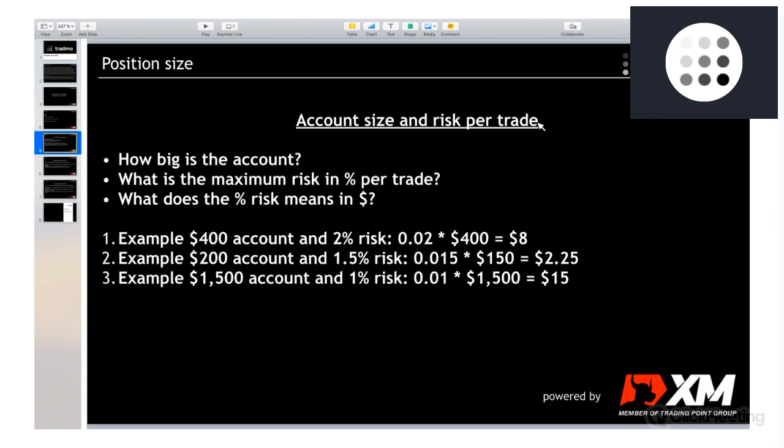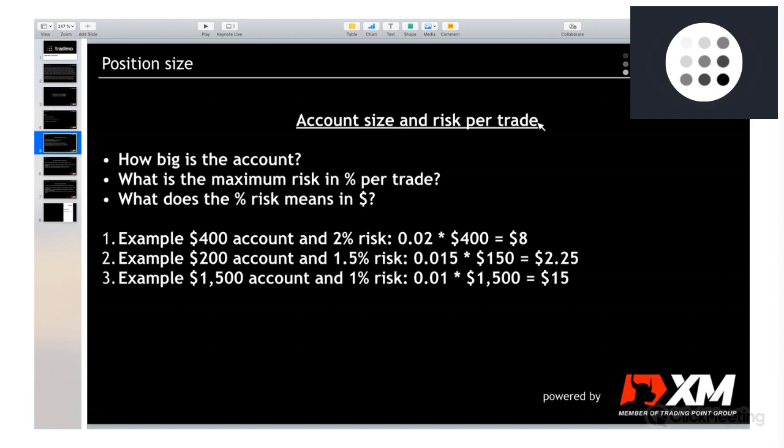Or the third example, almost the same: you have an account with $1,500 and you want to risk 1% per trade. Then the calculation is the same. 0.01 times $1,500 makes $15. You can risk $15 in a single trade.